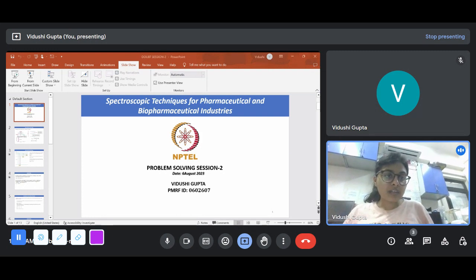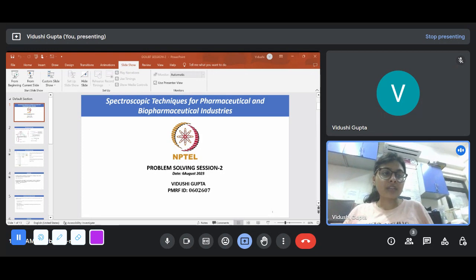This is the ground state. For the ground state energy level, the value of n is 1. Similarly, for the above energy levels, n will be 2, n will be 3, 4, 5 and so on.